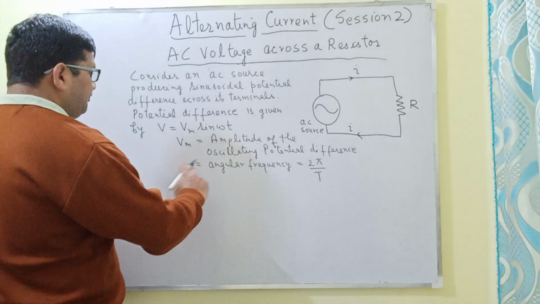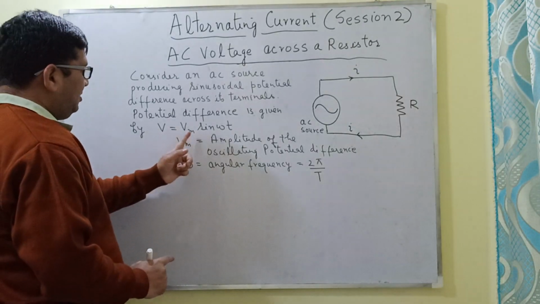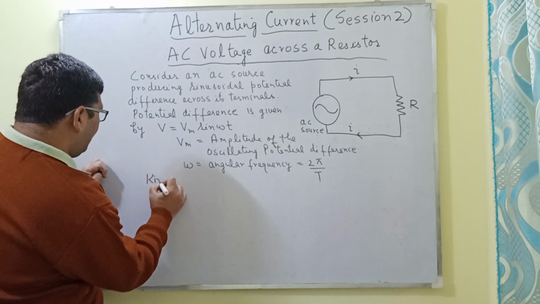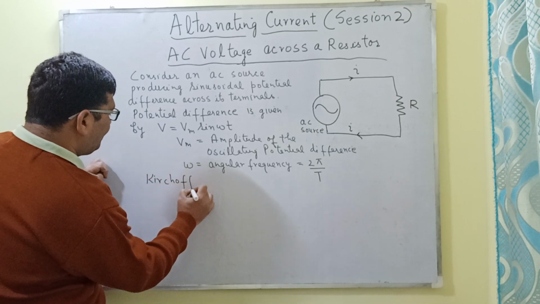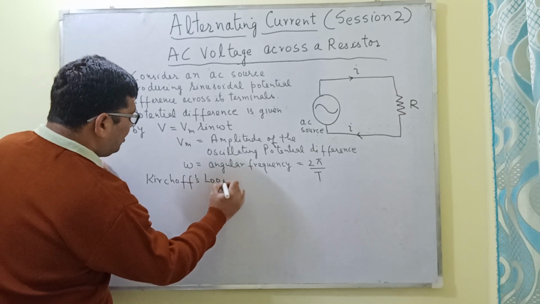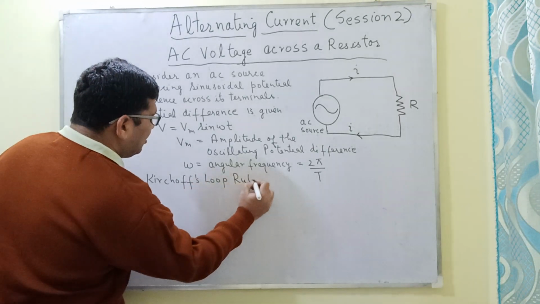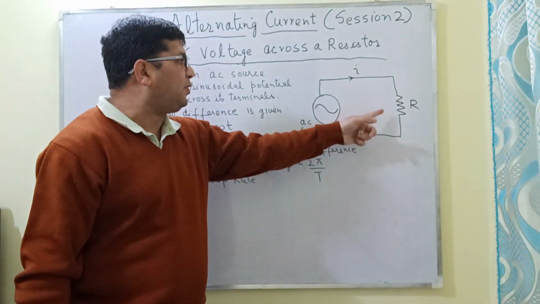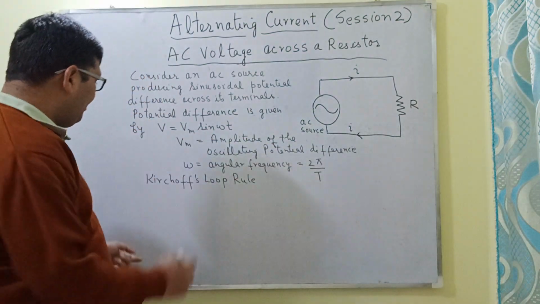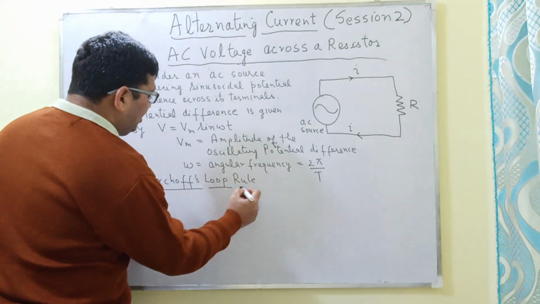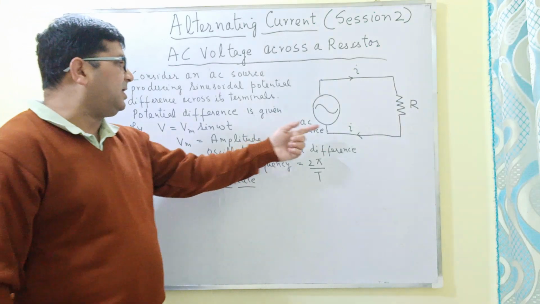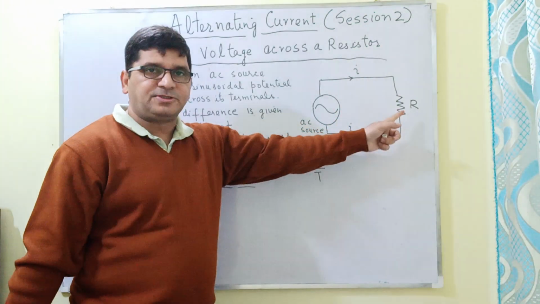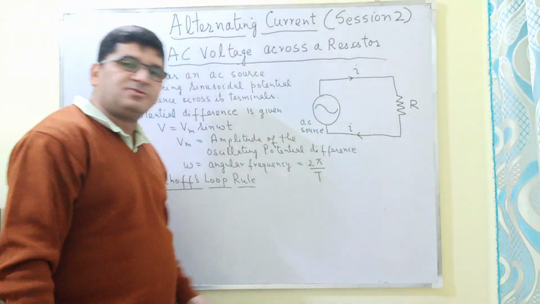Now here I will be applying Kirchhoff's loop rule in this electrical circuit, which is a pure resistive circuit. As per Kirchhoff's loop rule, the algebraic sum of the potential differences across all the EMF sources and the resistor in an electrical circuit is equal to 0.